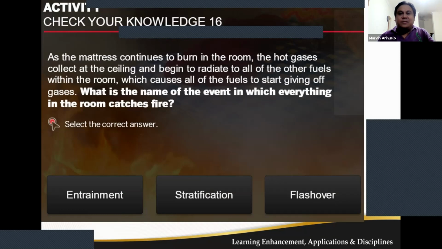Okay, another knowledge check. As the mattress continues to burn in the room, the hot gases collect at the ceiling and begin to radiate to all of the other fuels within the room, which causes all of the fuel to start giving off gases. What is the name of the event in which everything in the room catches fire and no one survives?